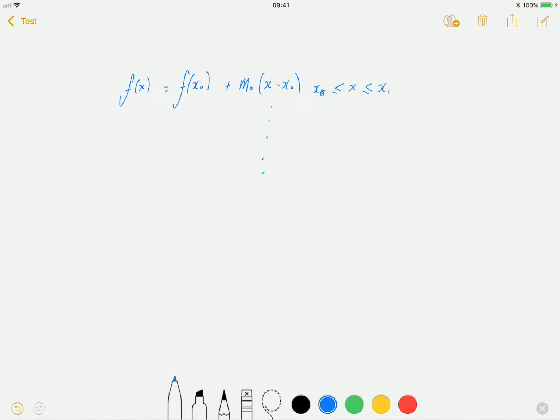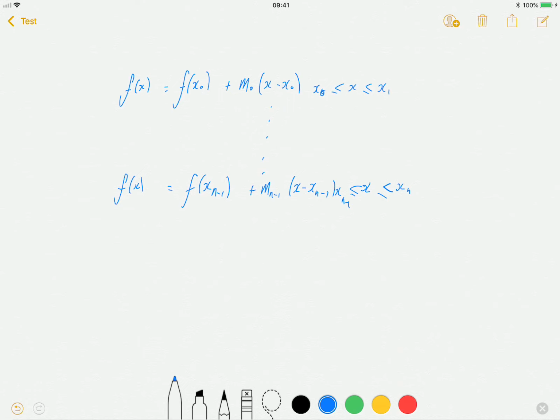And this would go to our nth data point. F of x is defined by f of x(n-1) plus m(n-1) times x minus x(n-1), where x is between x(n-1) and xn.